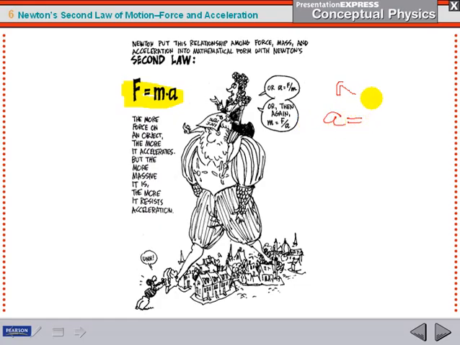A is equal to force divided by mass, and if we multiply both sides by mass, we end up with force is equal to mass times acceleration. So you can write it like that also, and this is the way it's written here in this book, in this picture of Newton standing on Galileo's shoulders, of course.